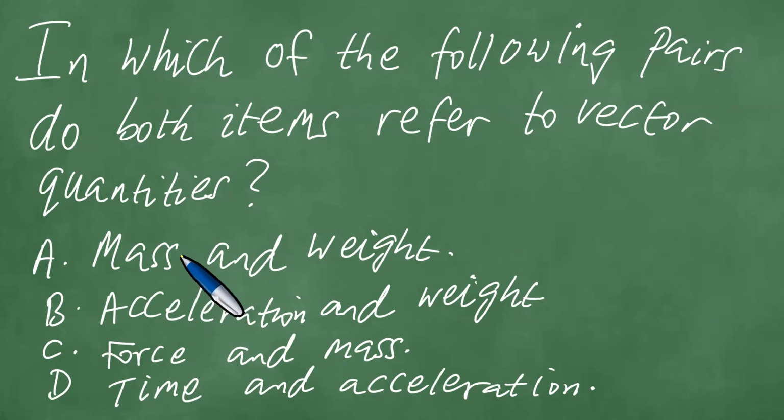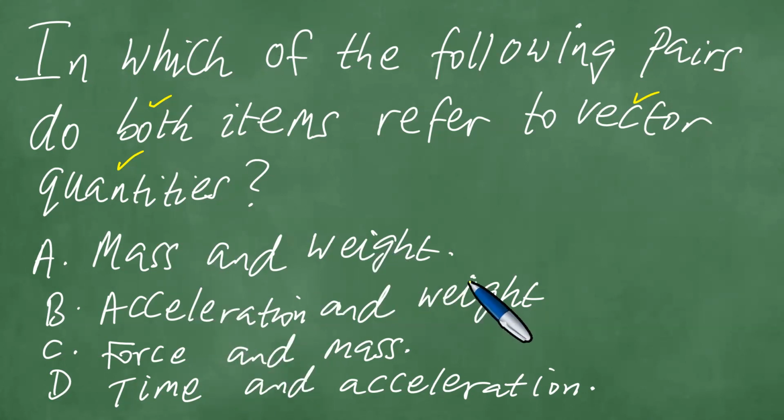We know that at this point, if you look at this very carefully, we are looking at both vector quantities. Here mass is a scalar and the weight is a vector.